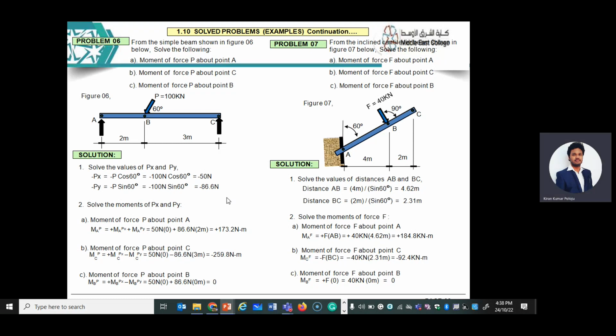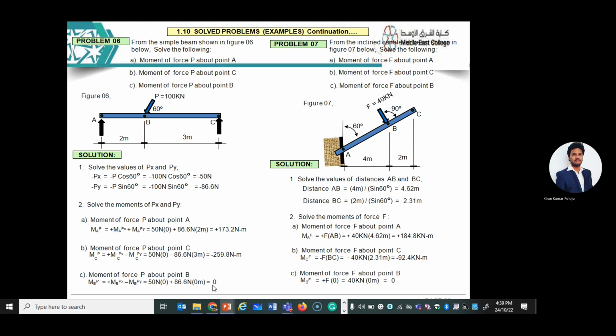Now, in the third case, moment of force about point B. It is asking to determine the moment from this point to this point. Is there any distance? No. From point A, you are having 2 meters. From point C, you are having 3 meters. From point B, how much you have? 0. 0 into something? 0.